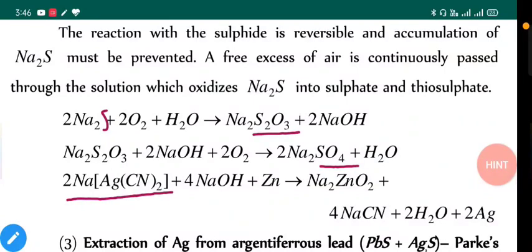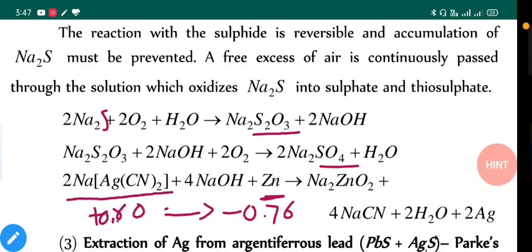The remaining reaction can be continued as follows. We have NaAg(CN)2, the complex compound of silver, and it can be reduced with zinc because zinc is comparatively more reactive than silver, and we can confirm it using their potential values. For silver, the reduction potential value is 0.8, whereas for zinc it is minus 0.76.